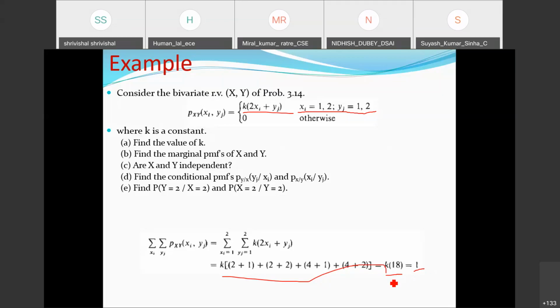Now the next question is to find the marginal probability mass functions of x and y.